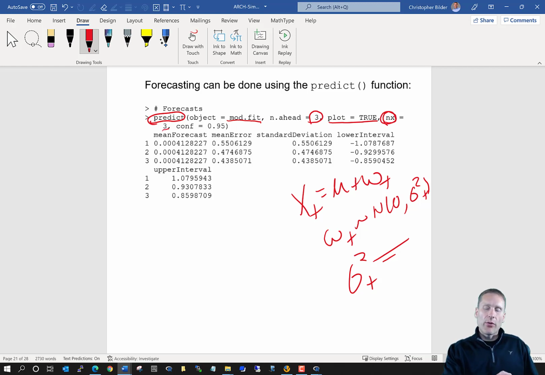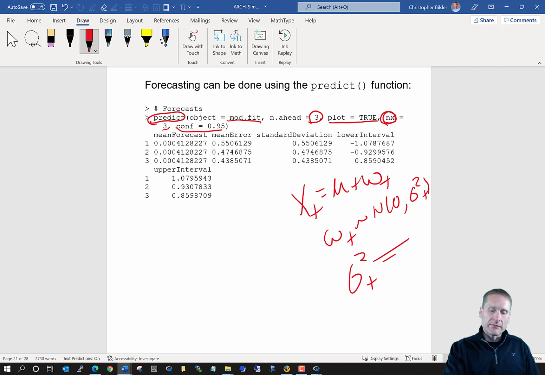So nx equal 3 means plot information about time 1000, 999, and 998. If I don't do that, the whole time series gets plotted plus the forecast, and since I have 1,000 observations, that would make the plot very difficult to read. Then with my forecast, say I want 95% intervals.